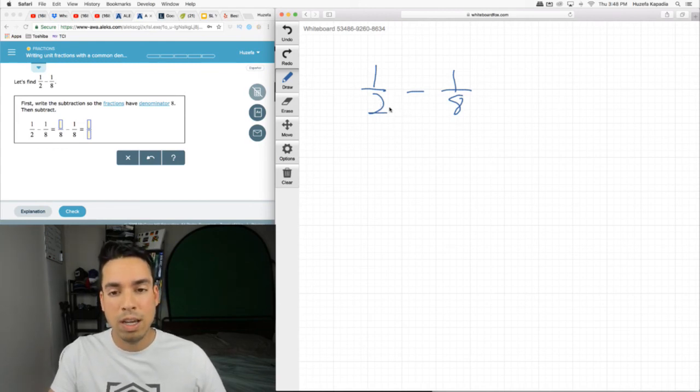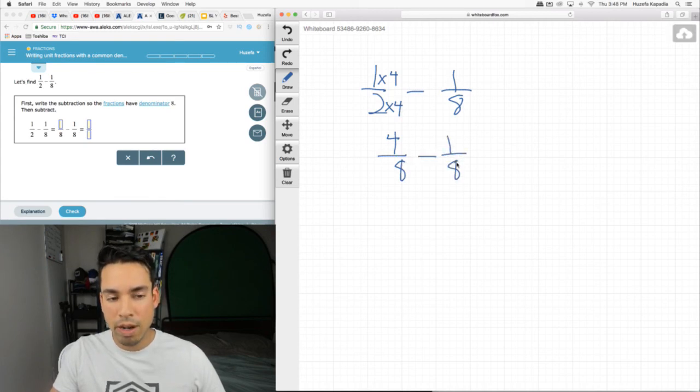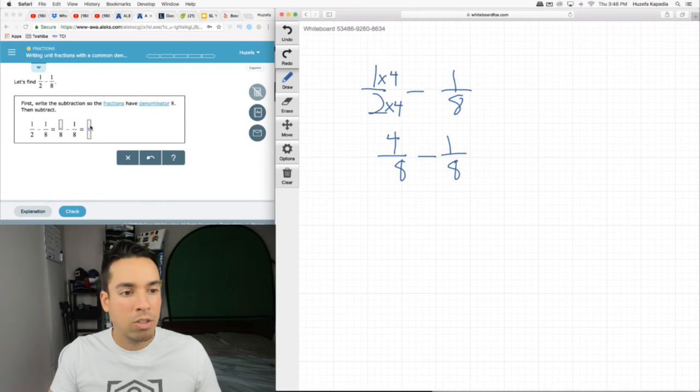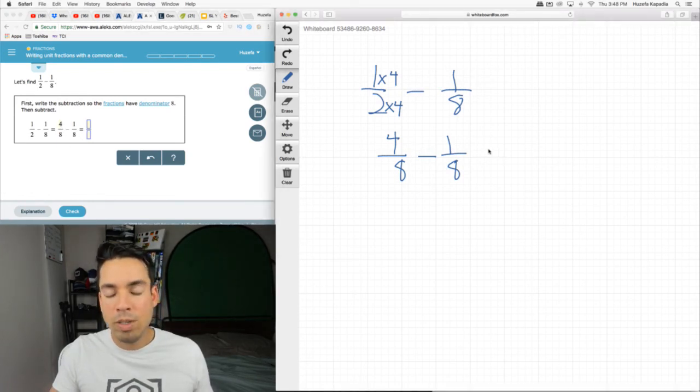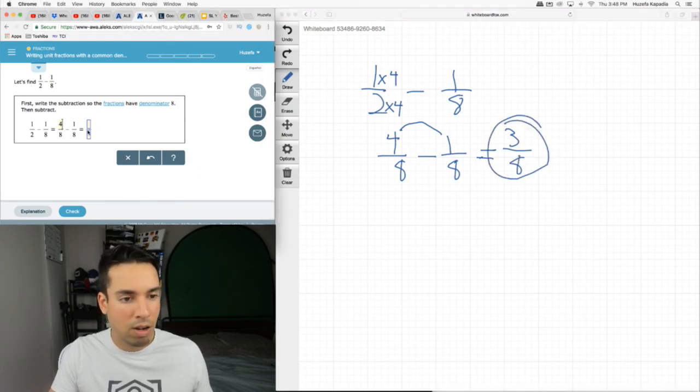So they've clearly used multiplication. They've multiplied this by 4. But whatever they do to the denominator, they have to do the same thing to the numerator to keep this balanced. So what's 1 times 4? This is 4. What's 2 times 4, which is 8? So that 1/2 becomes 4 over 8. Okay? So that is what goes over here, 4 over 8 minus 1 over 8. Now when we do fraction subtraction, once we've got the common denominators, we just subtract the numerators and leave the denominators as they are. And we get 3 out of 8.